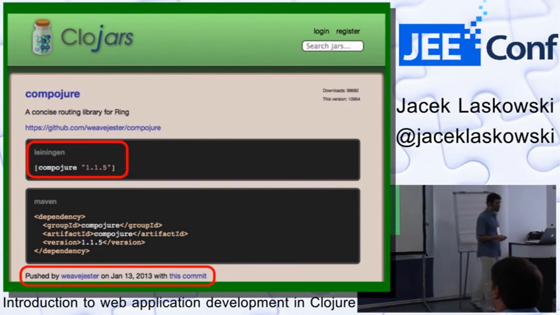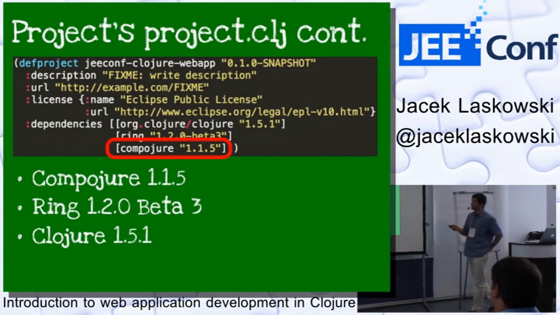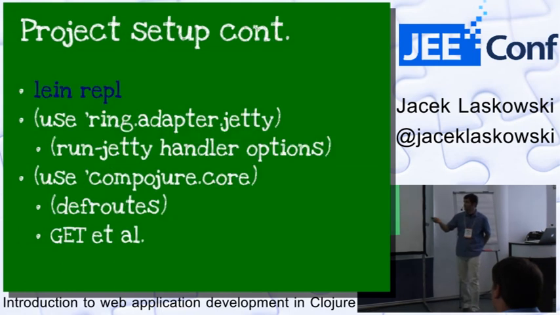Okay, so our project CLJ looks like this. We've got Clojure as before, Ring, and now we've got Compojure. So with Compojure, we can create more useful web pages, or we can react to different URIs. Okay, so project setup, the app again, and we can use Ring adapter jetty to start the jetty server.